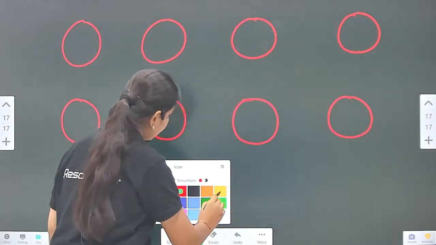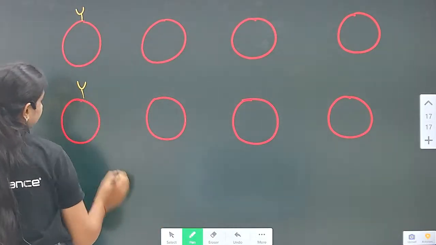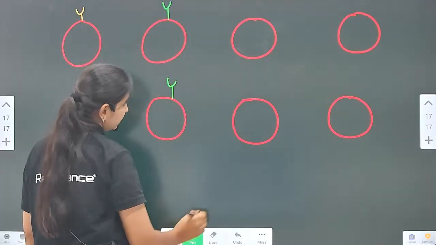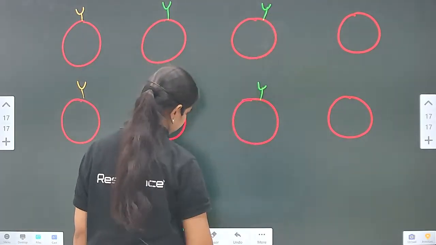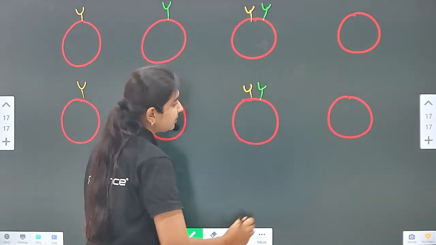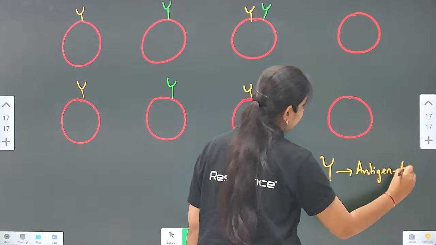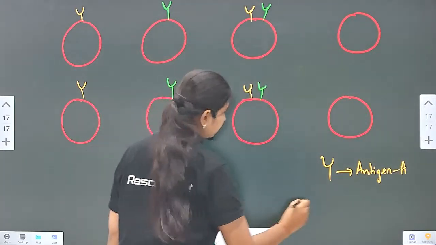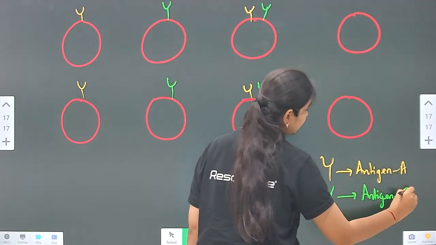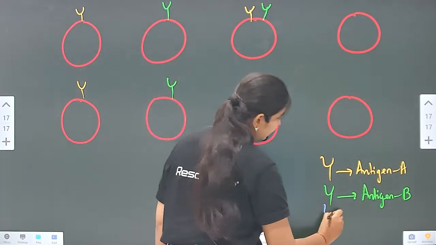This is your antigen A. This is your antigen B, and the one which we are using right now is what?